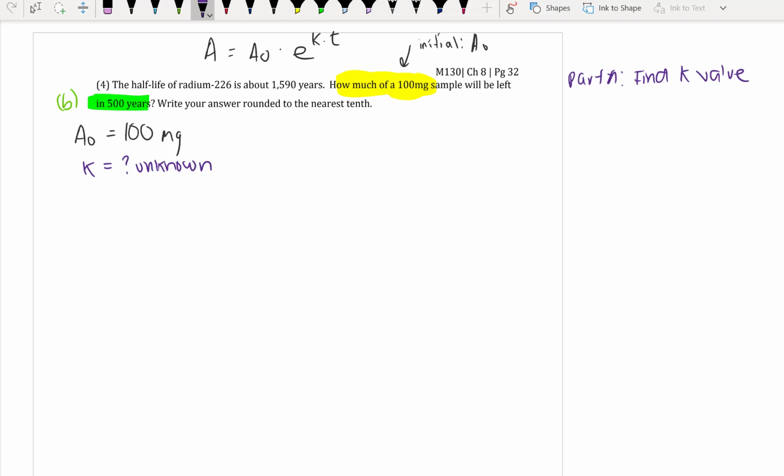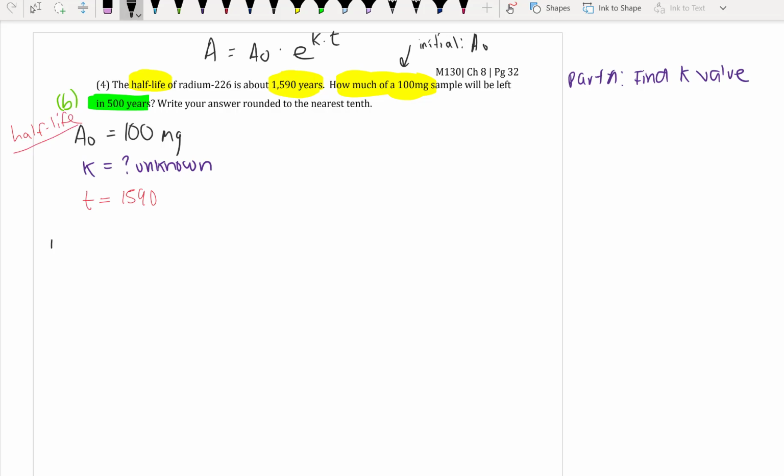But for now, let's focus on part A. So it tells us that the half-life is this many years. So I'm going to look at my t as the half-life. So this is describing the half-life.